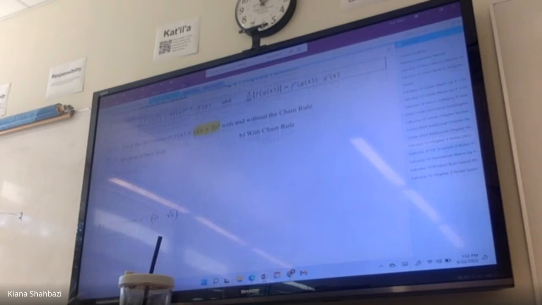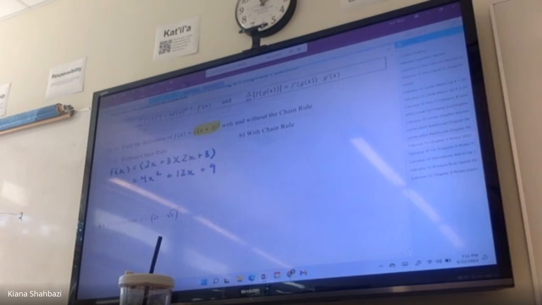If we had to find the derivative based on our current knowledge, maybe you would expand this and get 2x plus 3 times 2x plus 3. That's going to be what? 4x squared plus 12x plus 9. If you were in Mr. Ricard's class, maybe the square, double square technique will work really well.